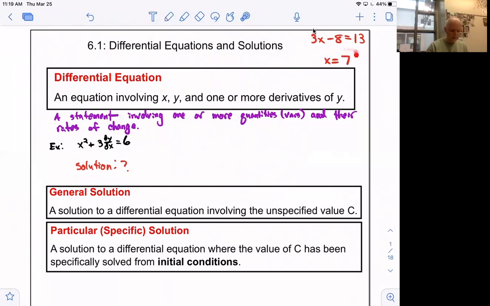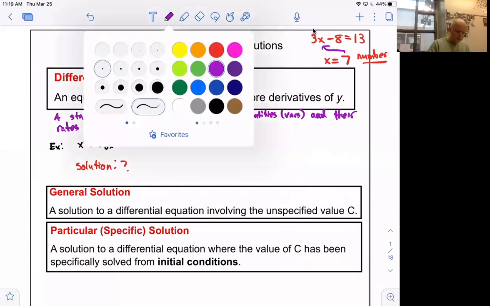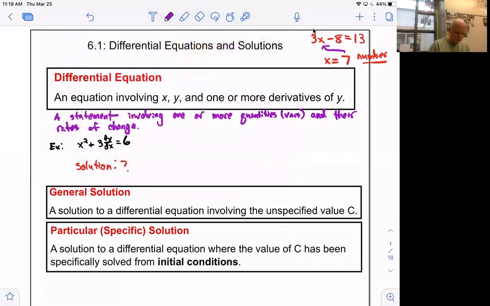So in this case, the solution to this equation was a single number. The solutions to normal algebraic equations are just single numbers. And we know that because we can plug 7 into the original equation, and we get a statement that's true. The solutions to differential equations are functions.